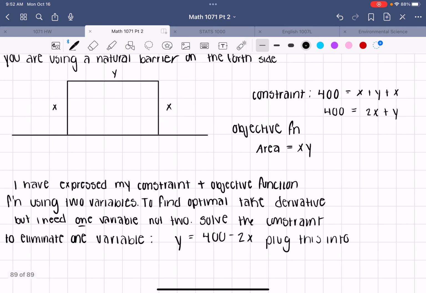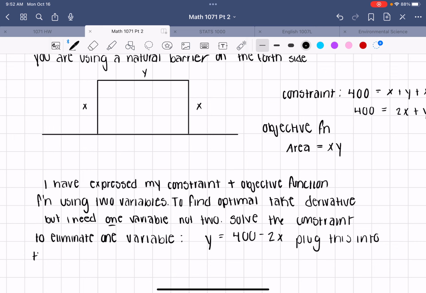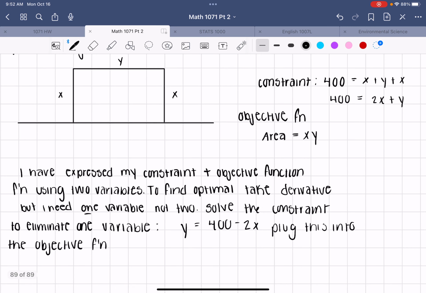And you know that optimum occurs at critical. So set that equal to 0. Solve for x. Is it clear, right? 4x equals 400. x is equal to 100. So that's probably my maximum.